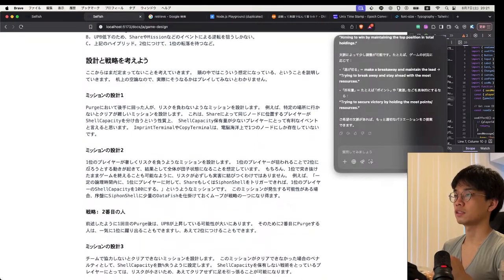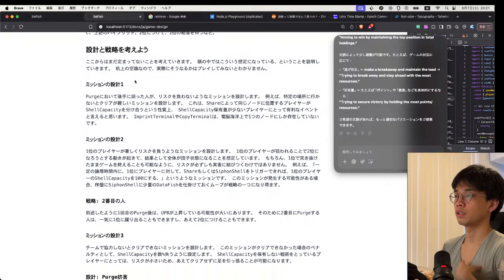And let's think about design and strategy. From now, I'm thinking about uncertain elements in the game. I'm talking about it in my brain.